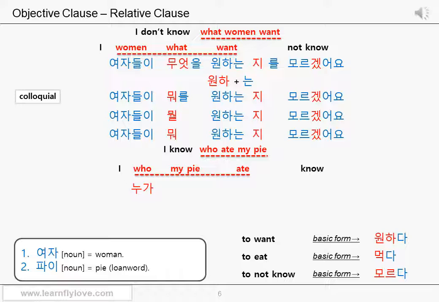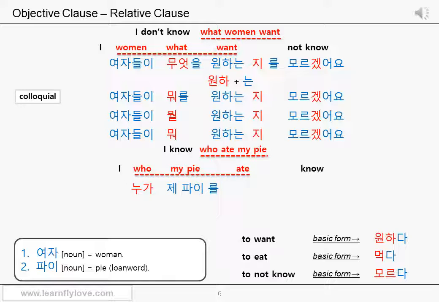Who. It's used as a relative pronoun, but you don't have to know that. Anyway, who is used as a subject of the clause. So you should use 누가, with the subject particle 가, instead of 누구. You know that. My pie, 제 파이를. We added the object particle 를 because it's an object of the clause. Ate.